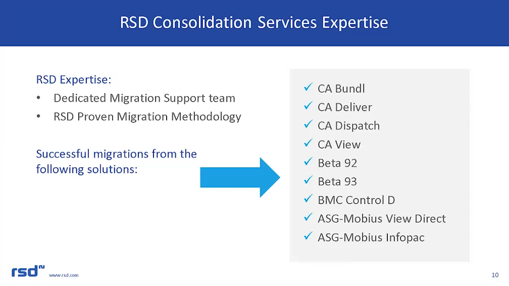So we have successfully migrated some of the largest worldwide companies in the recent past from the following solutions. You can see them there on the right: the Beta product, BMC Control-D, the Mobius products from ASG, but most importantly, and the focus of this webinar, the CA products. So CA Bundle and Dispatch and CA View and Deliver.